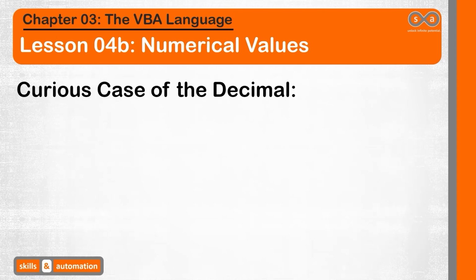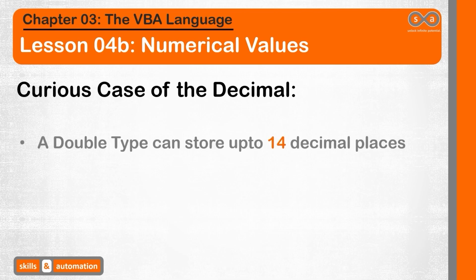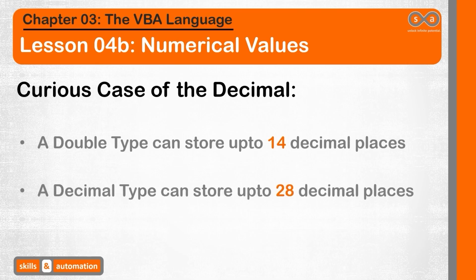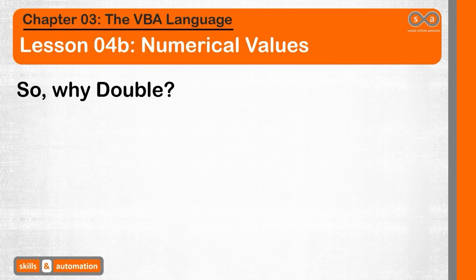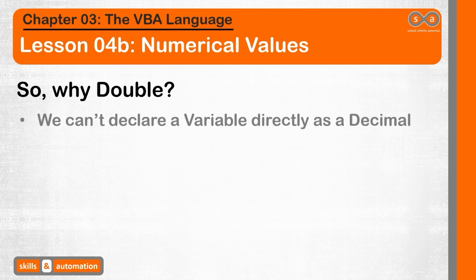Now I mentioned earlier that we should go with a double data type when storing decimals. A double can store a floating point or a decimal number with up to 14 decimal places. A decimal data type, on the other hand, can store a higher precision with up to 28 decimals. So the question is, why use a double? The reason is that we can't declare a variable directly as a decimal, as it's a subtype of the variant data type.